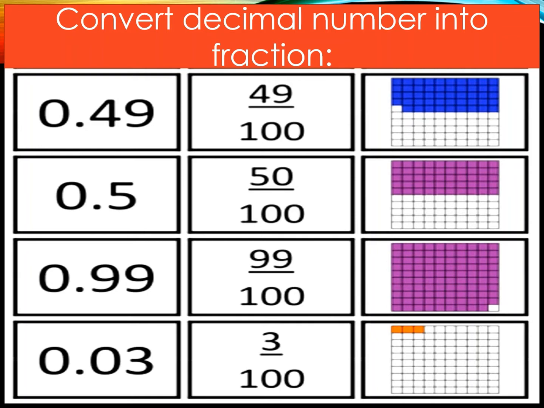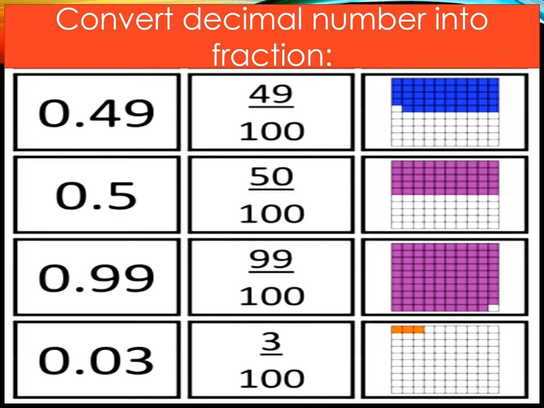Remember that for decimal places, we do not start with 1. We start with 10th, 100th, and then 1000th. You can see that in the drawing given next to this. 49 upon 100 is the fraction, as given in the drawing also.